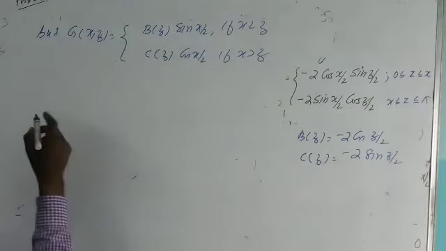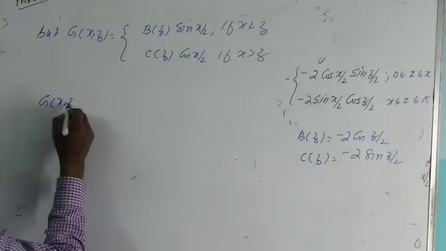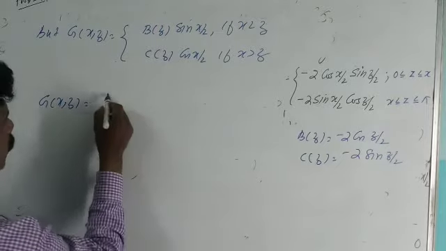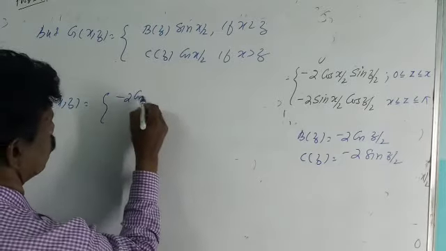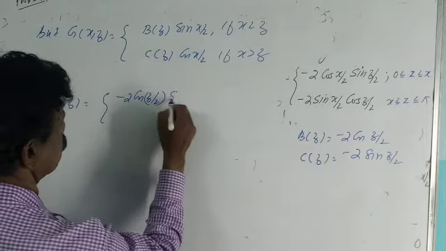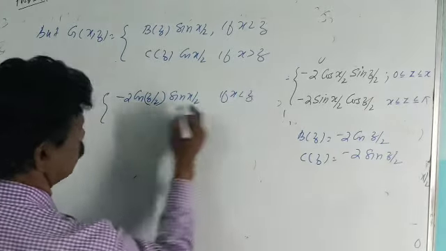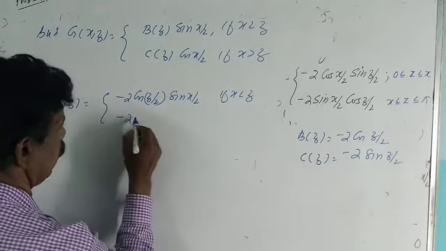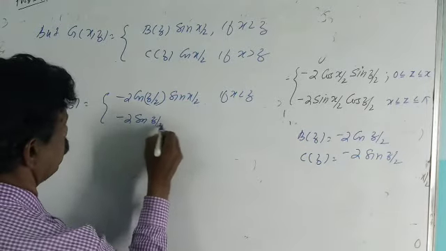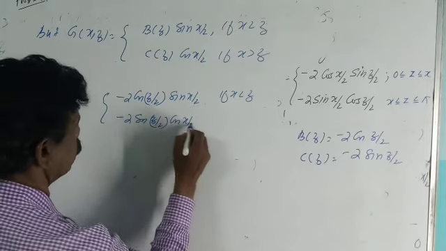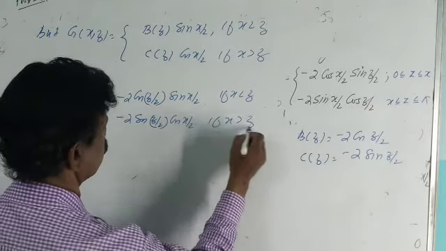Then substitute that value here. G of x is equal to, instead of B z, minus 2 cos z by 2 sin x by 2 if x less than z. And C z means minus 2 sin z by 2 cos x by 2 if x greater than z.